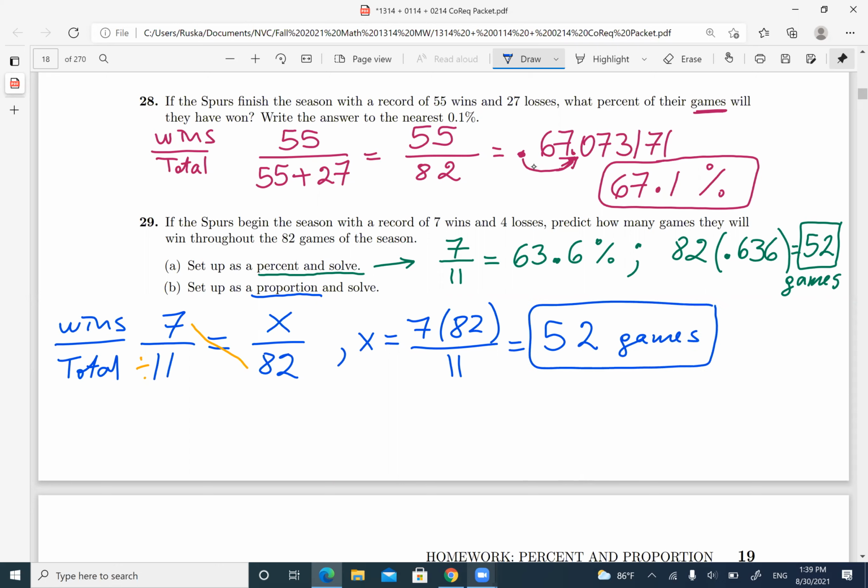It's not exactly 52, it's 52.18 and so on, but you round that to the whole number, okay? So that's how you do number 29, and we already did, I think it was 34 in your homework, okay? So that's what you have for all the applications with proportions and percentages, okay?